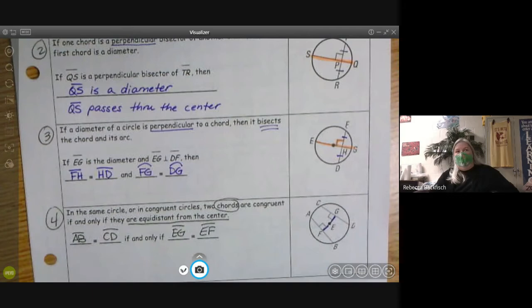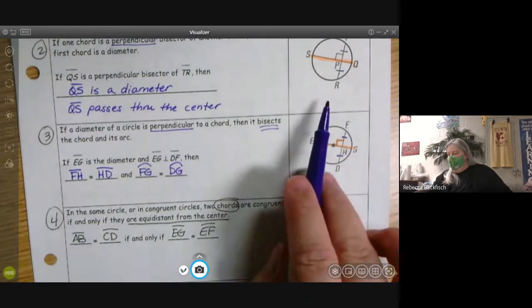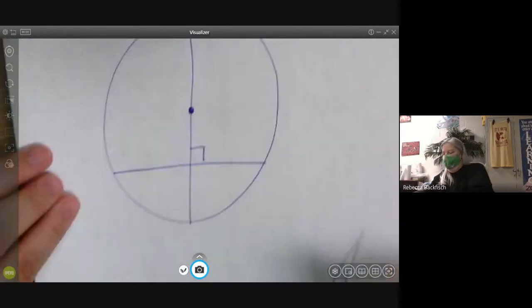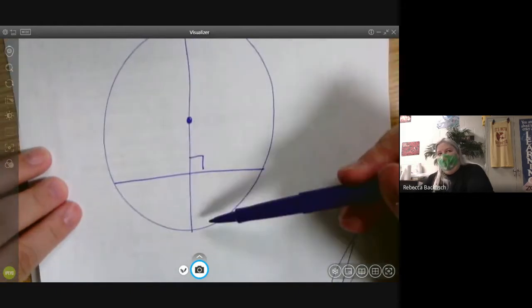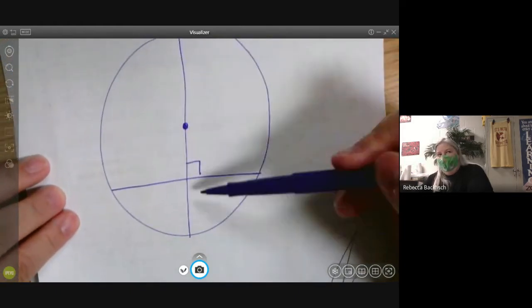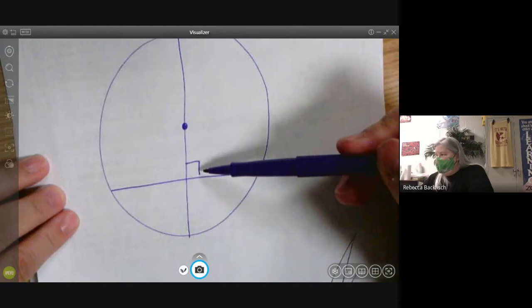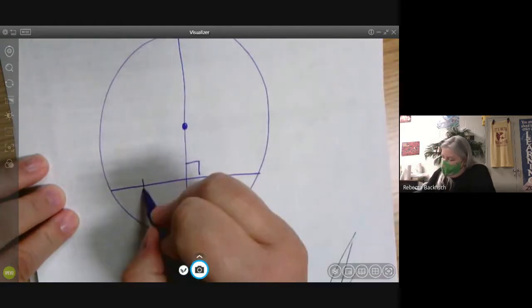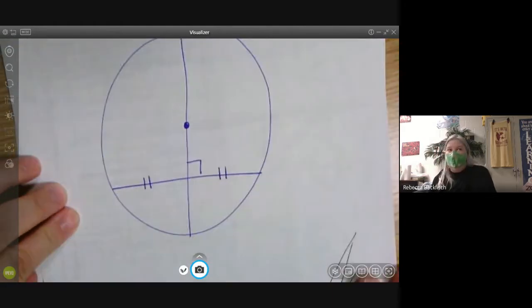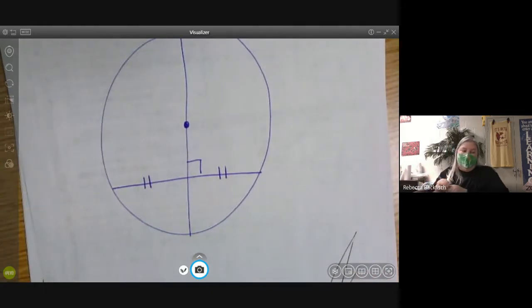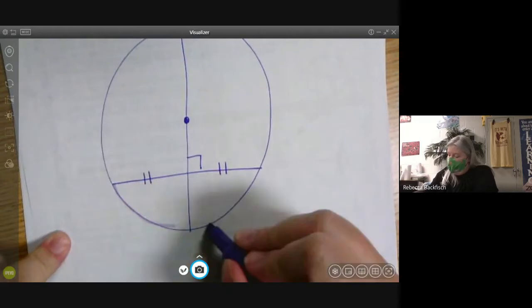Okay, so what we've said here on this one, number 3, is if I have a diameter and it intersects another chord at a right angle, then I know for sure that these two parts are congruent. Now, the part I'm saying is not as obvious, but is always true, is that these two arcs would be congruent.